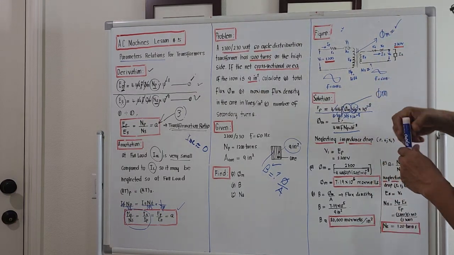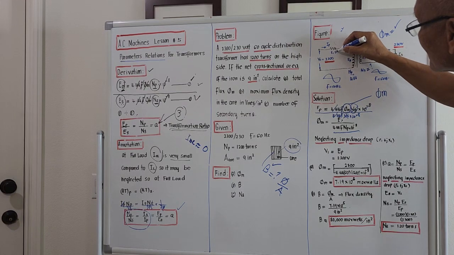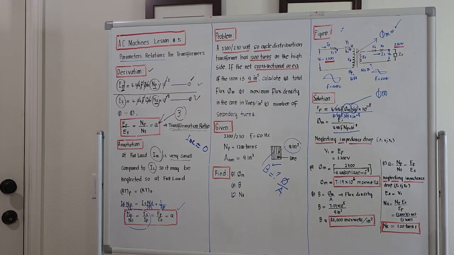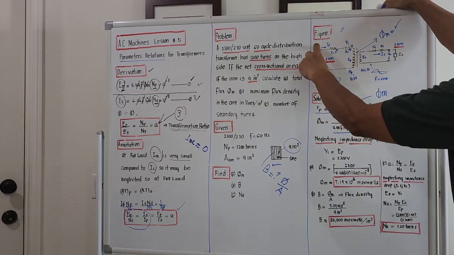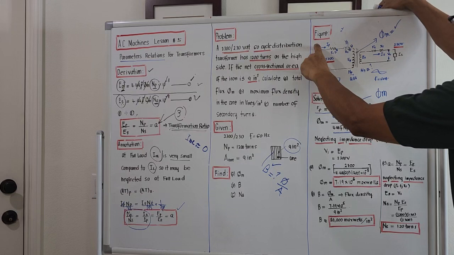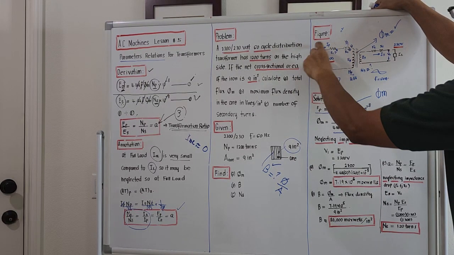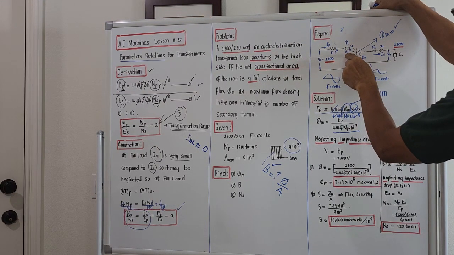Assuming that for this problem R1 is 0, X1 is 0. If there is no drop here, if we apply 2300 here, EP should be equal to the induced voltage, neglecting R1 and X1.